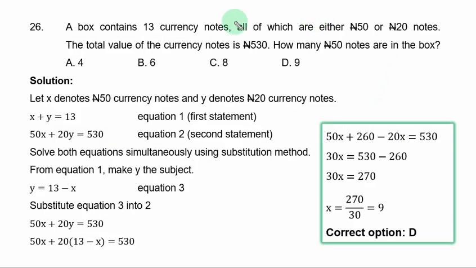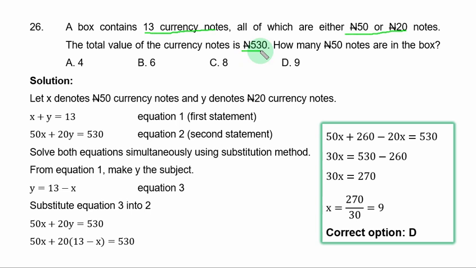Question 26. A box contains 13 currency notes, all of which are either 50 naira or 20 naira notes. The total value of the currency notes is 530 naira. How many 50 naira notes are in the box?